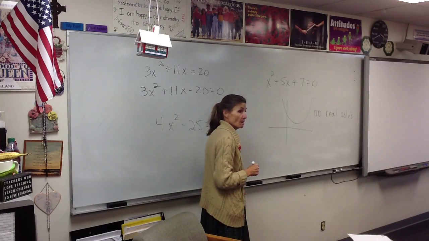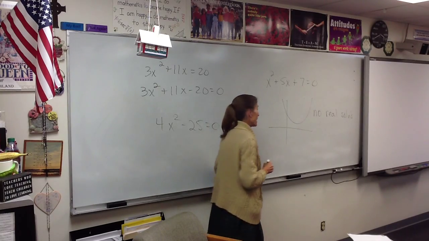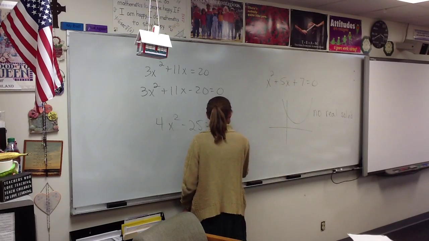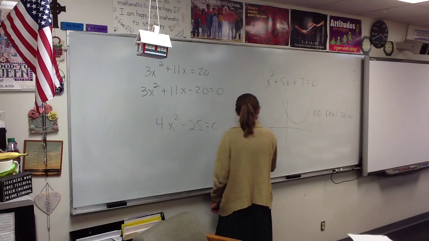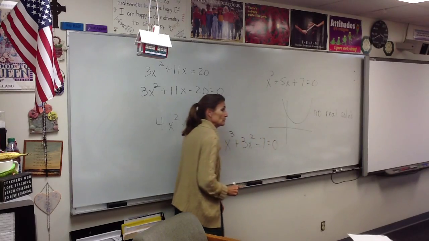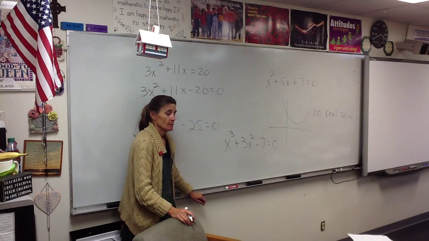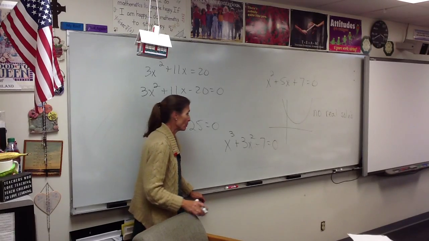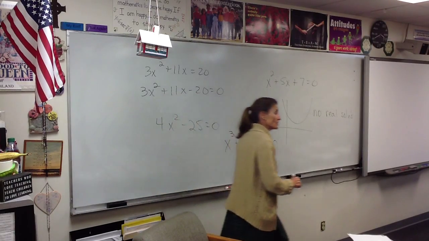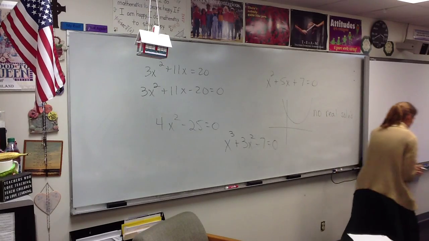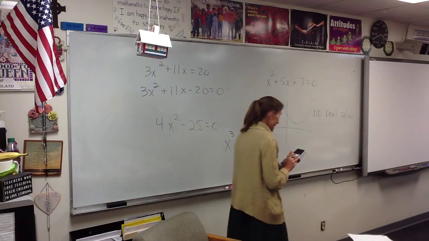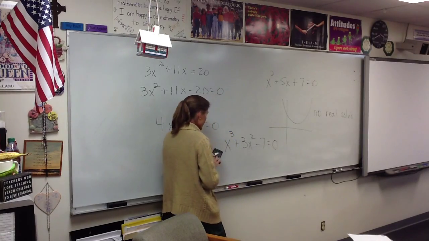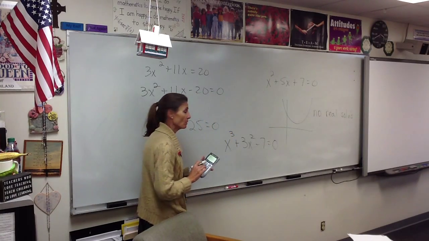Okay? Now I want to give you one more. What if the equation looked like this? How do you even do that on your calculator? Well, let's go to y equals. We're going to put this equation in. Let's take out the other equation that's already in there. Now, get your x. That's your variable.